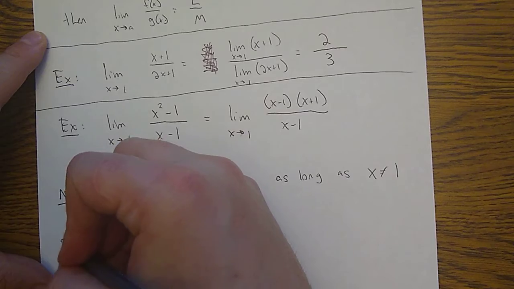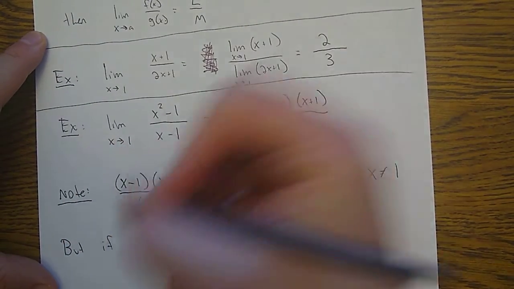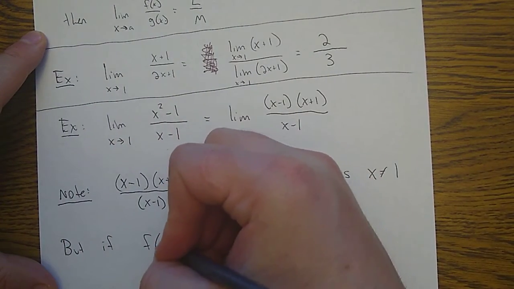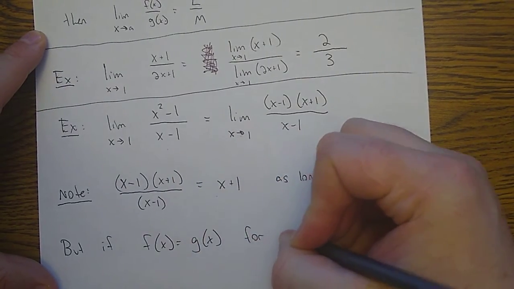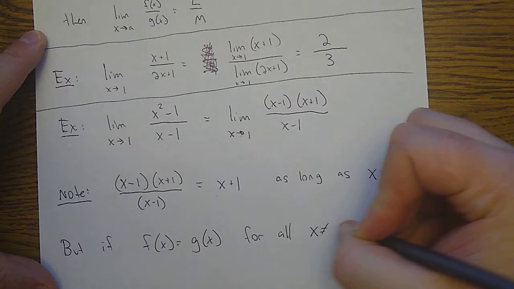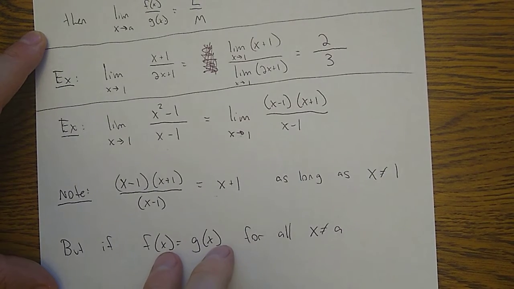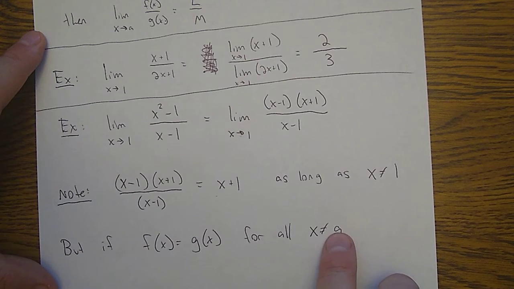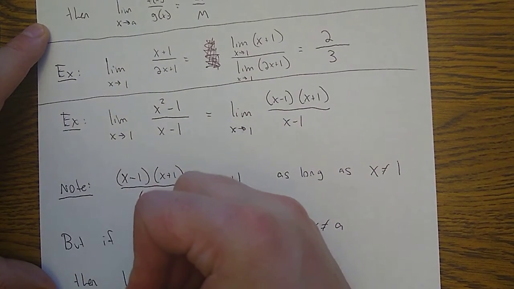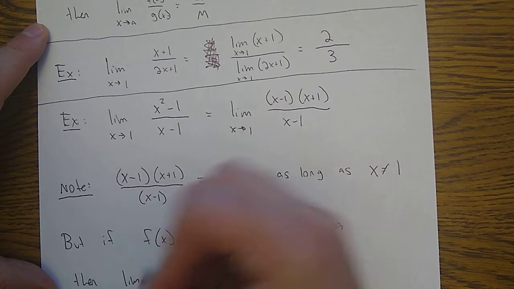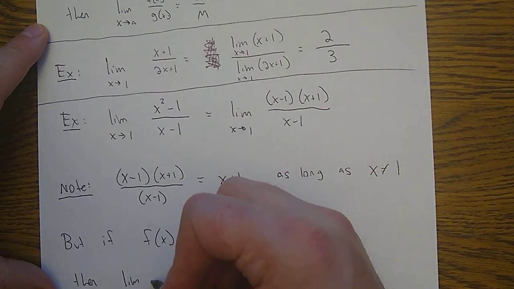But say if we have two functions and they're always equal except for maybe one certain value of x, then they have the same limit as x goes to a.